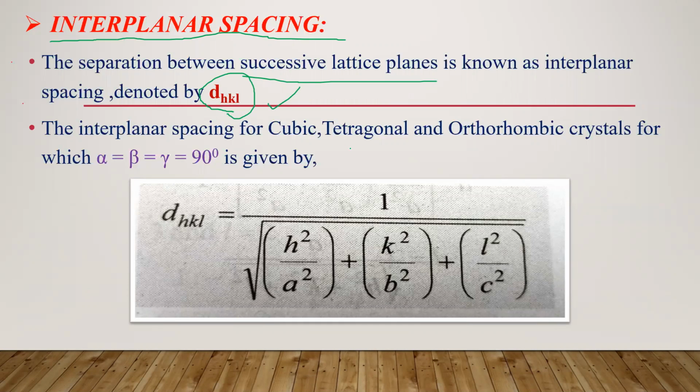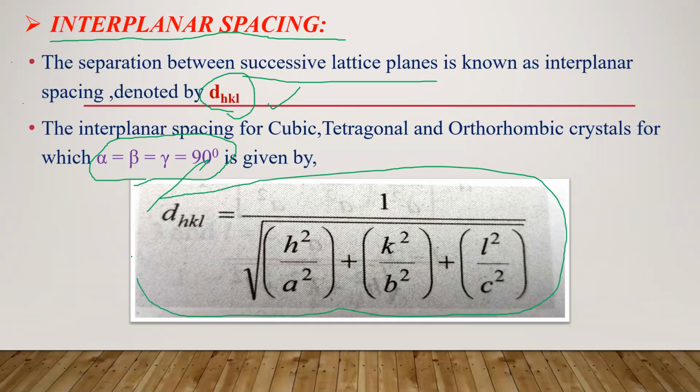For cubic, tetragonal or orthorhombic crystals, we know that alpha is equal to beta is equal to gamma is equal to 90 degrees. For such systems, what is the d_hkl formula? We can obtain the interplanar spacing by using this formula: d_hkl = 1 by root of h square by a square plus k square by b square plus l square by c square.